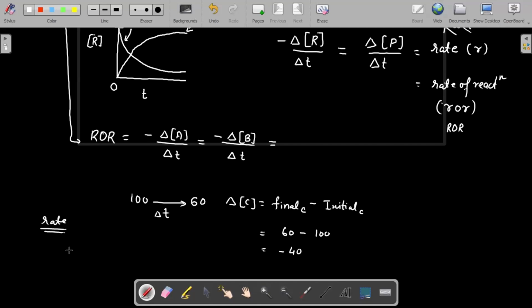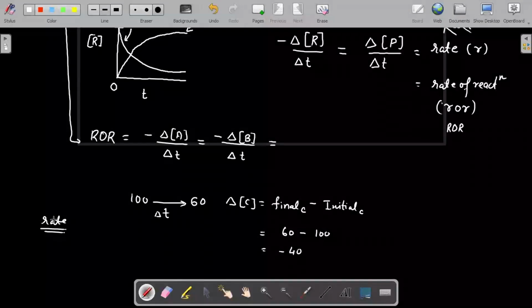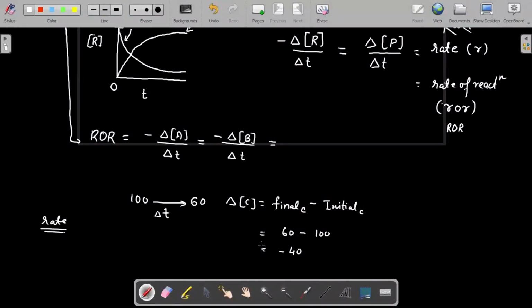Okay, minus 40. Now the rate is a scalar quantity and cannot come in the negatives. The speed cannot come in negative. Velocity negative indicates a direction. So if we indicate the minus sign as a direction, then it is okay. But when we are talking about the rate, this negative sign does not go with the rate because it is a scalar. So what we do is, in the same formula, we put a minus sign.